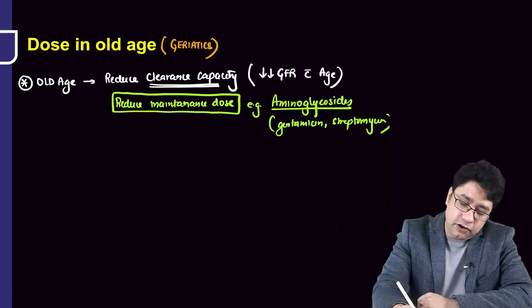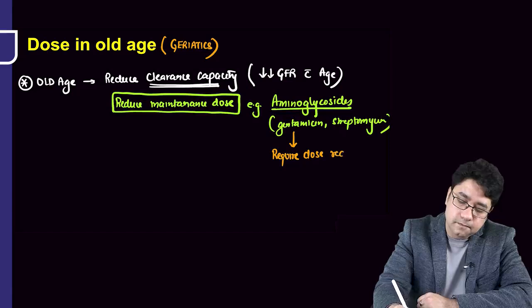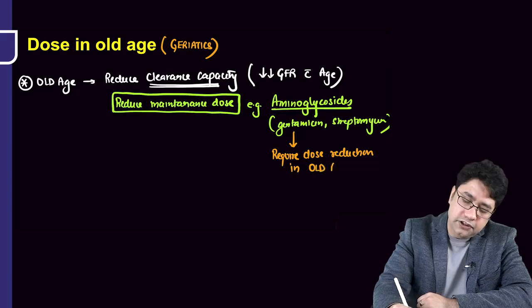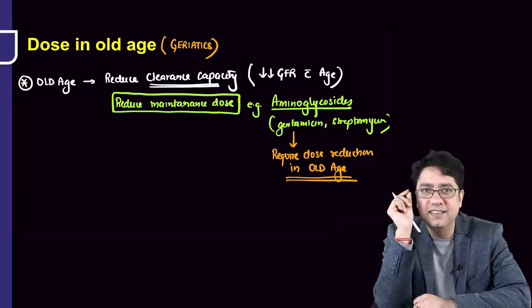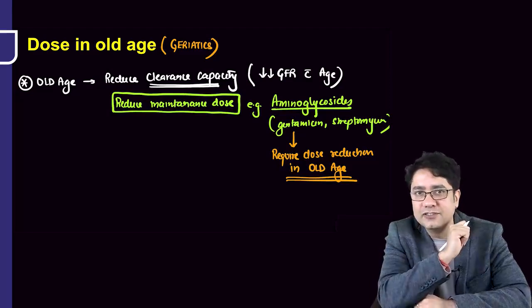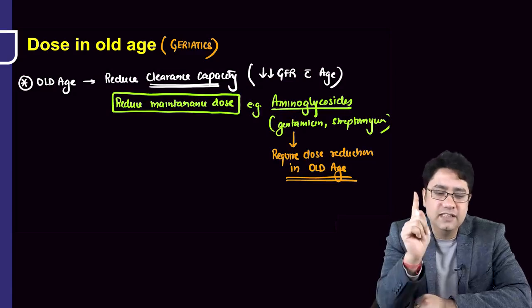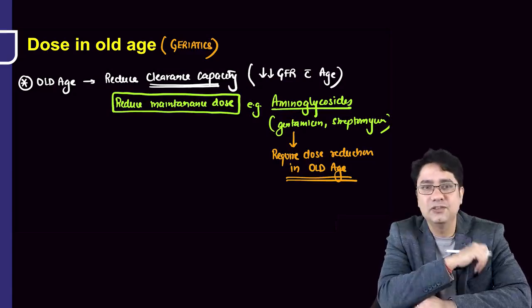That is why this MCQ comes: aminoglycosides require dose reduction in old age patients. But which dose am I talking about? Is it loading dose or maintenance dose? Yes, it is always and always maintenance dose.